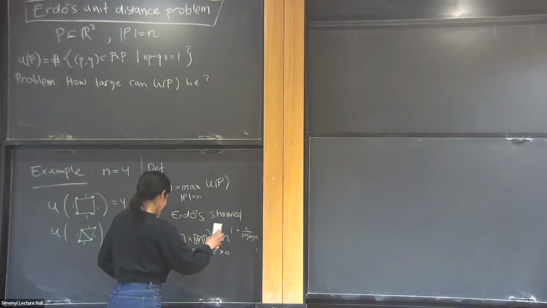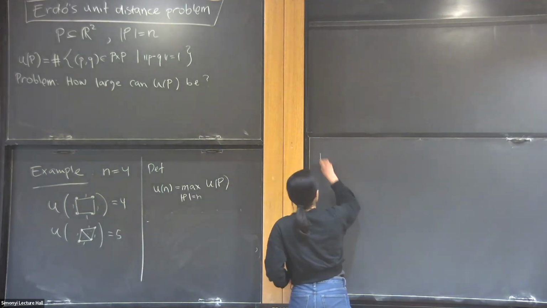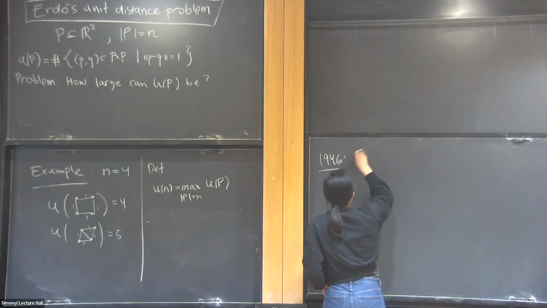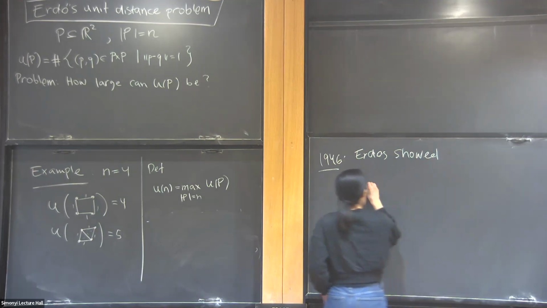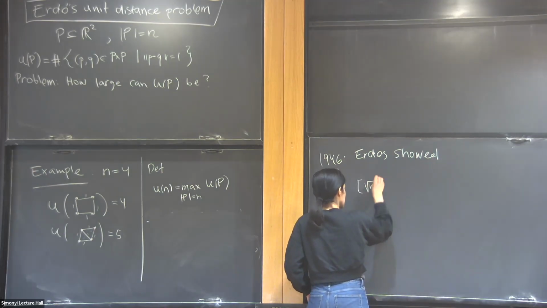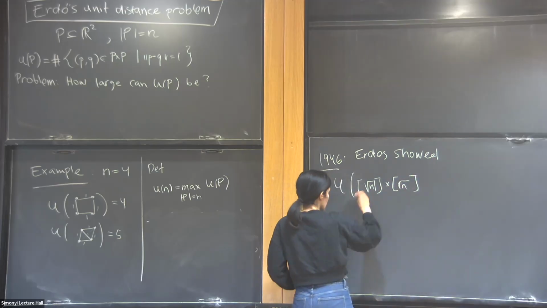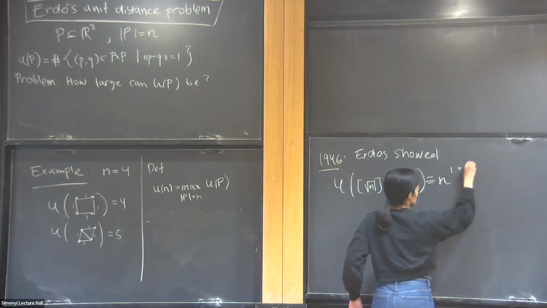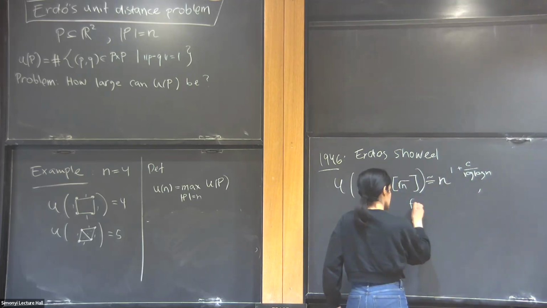Let's write it here. So Erdős, 1946, showed that if this is our point set, the square root of n by square root of n integer grid, then the number of repeated distances here is more or less n to the power of 1 plus c over log log n, for some positive c.